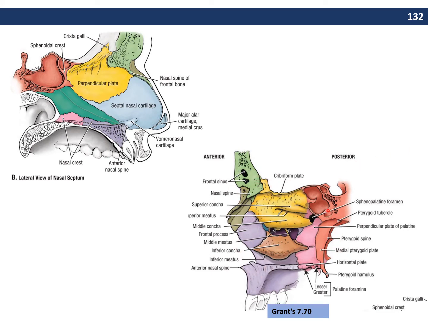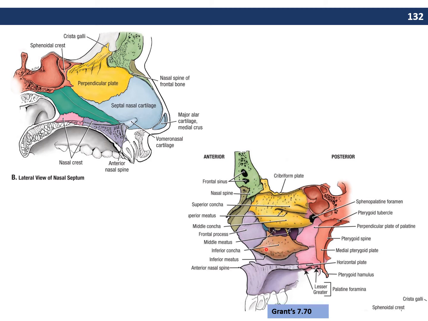So let's talk about the lateral nasal wall first, okay? Notice that multiple bones contribute to the formation of the lateral nasal wall. Those concha, the supreme, superior, and middle concha are a part of the ethmoid bone, and you'll see those as you're studying the bones.